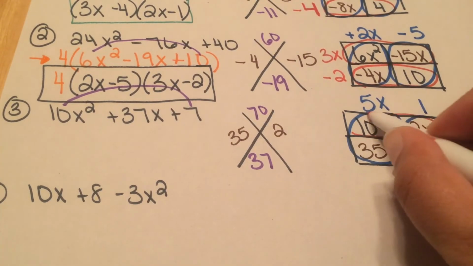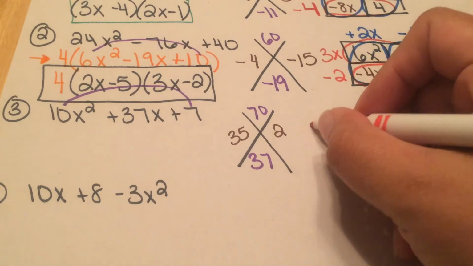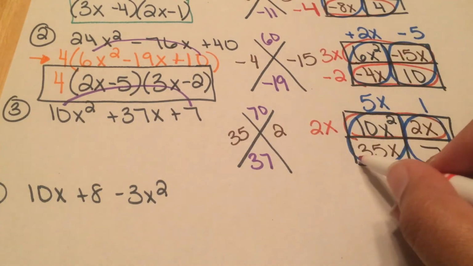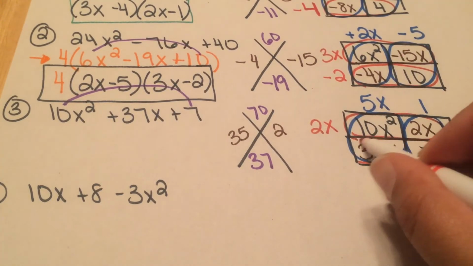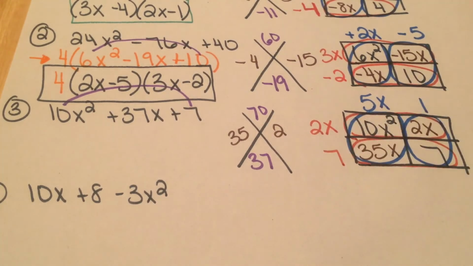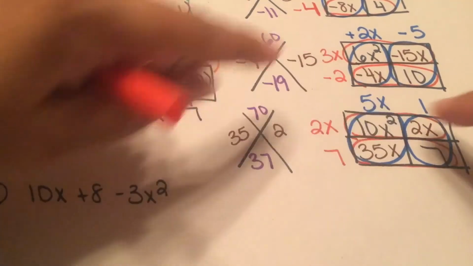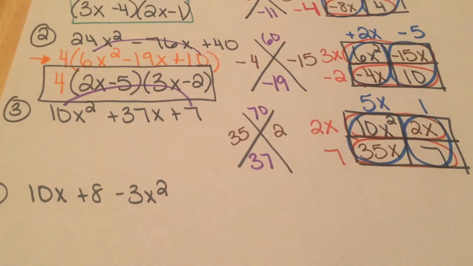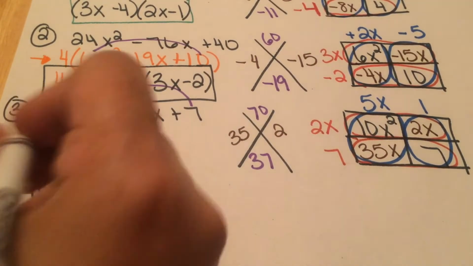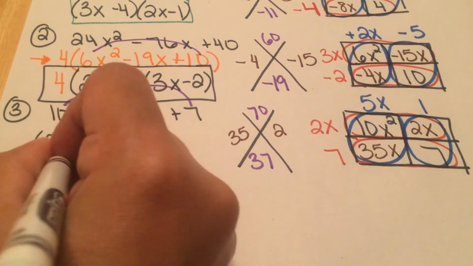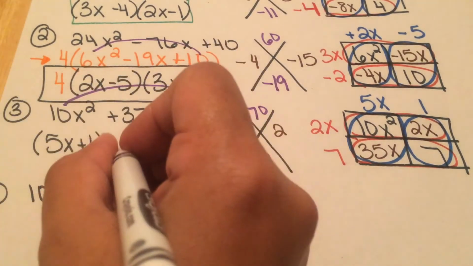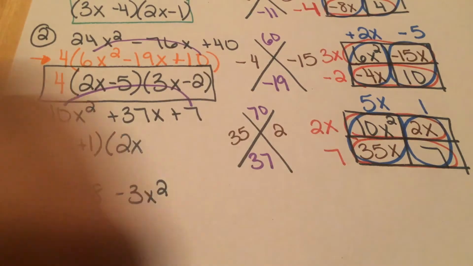The GCF between 10x squared and 2x is going to be 2x. And the GCF between 35x and 7 is going to be 7. If we want to take a quick look at our multiplying, we know we've got everything correct there. Now I can just go ahead and write my factors. So 5x plus 1 times 2x plus 7.